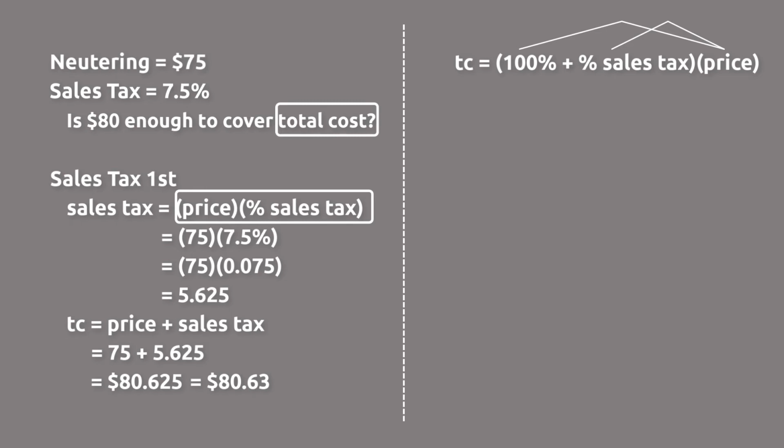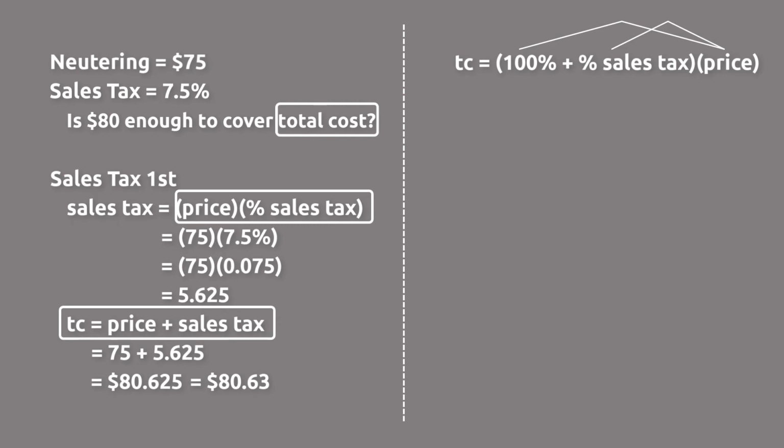So we're looking at price plus the sales tax amount, which is our formula when we do it separately in our final step to find the total cost. So this method of finding total cost all at once is really just combining parts of the other method. We'll go ahead and substitute.